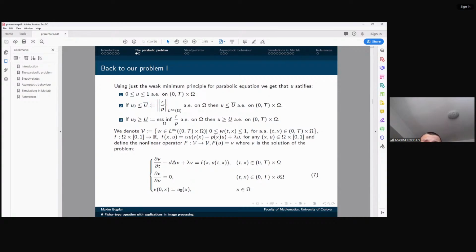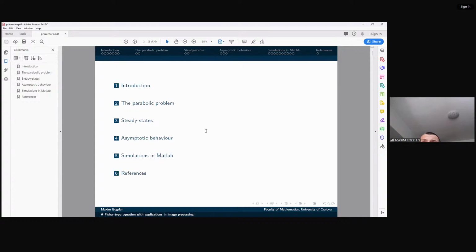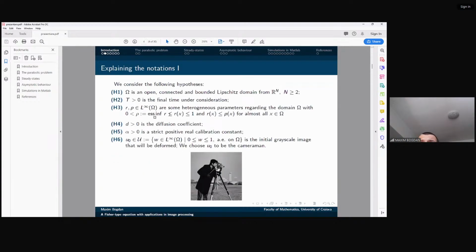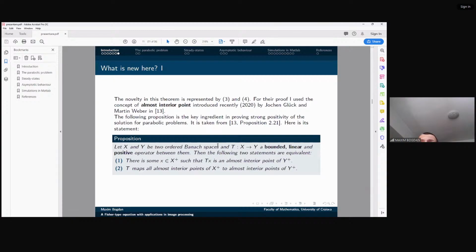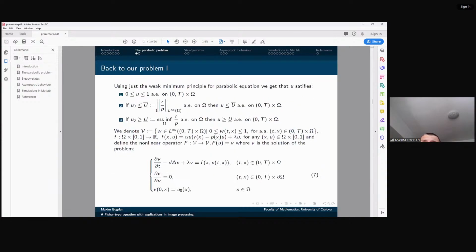R over P, this is from the assumption I have. This is an important assumption. This guarantees that our solution u stays between 0 and 1, that P is greater than R. This is a very important fact. So we have an upper bound and a lower bound for u.